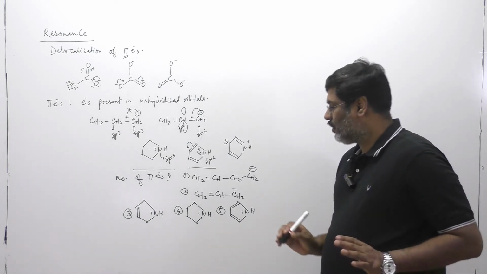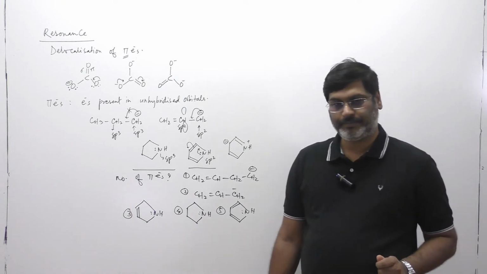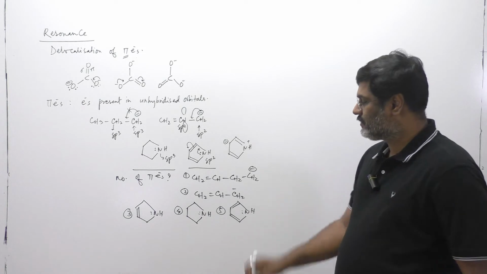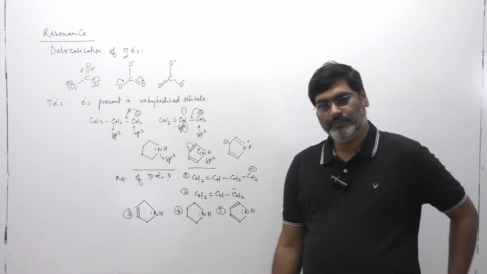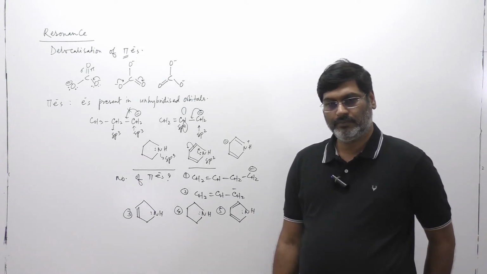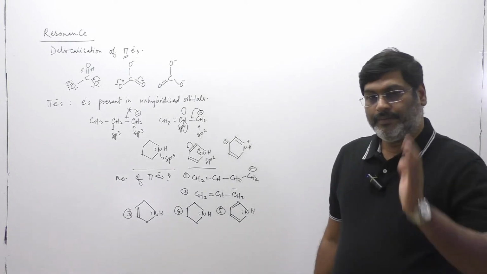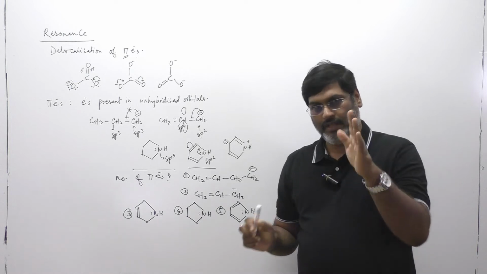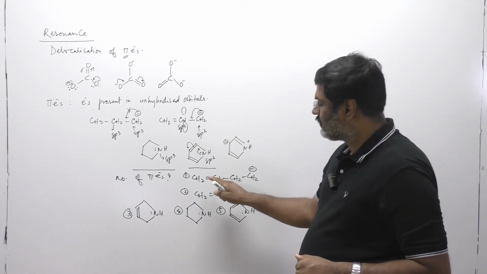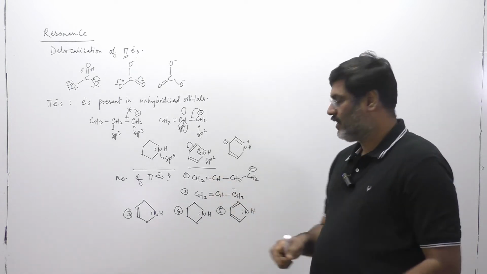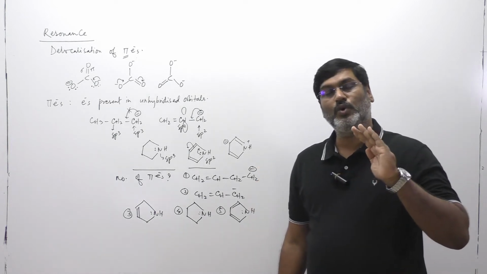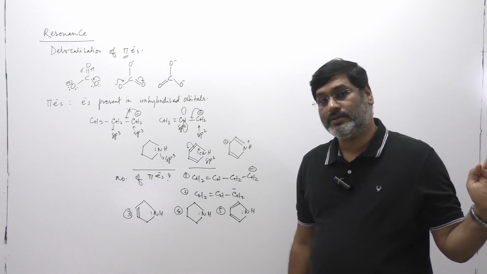In the first case, how many pi electrons? Good. In the first one, pi electrons only here, 2. This negative charge, this electron pair is no more considered pi electrons.